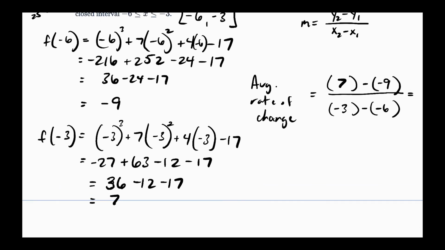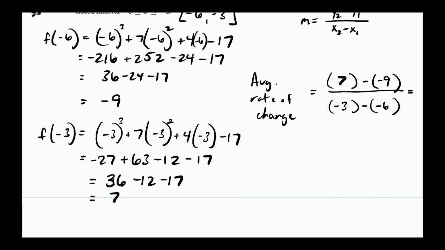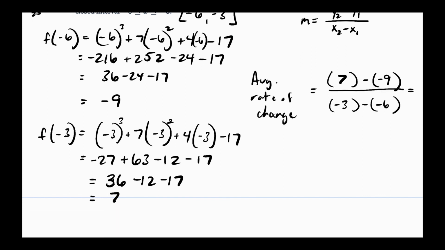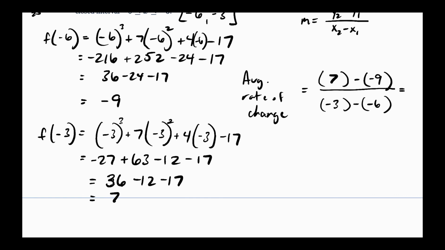So my two dots are -3, 7, and -6, -9. So average rate of change, I get 2 over 3, 2/3.